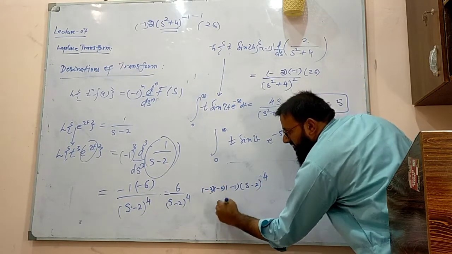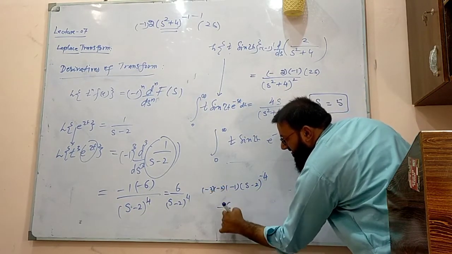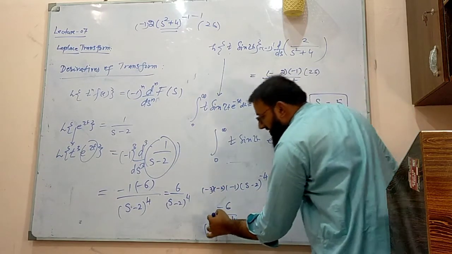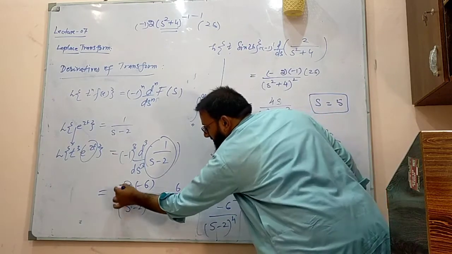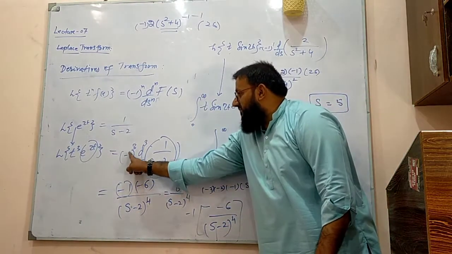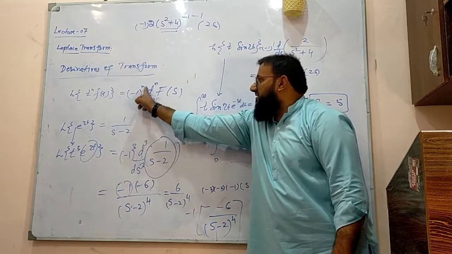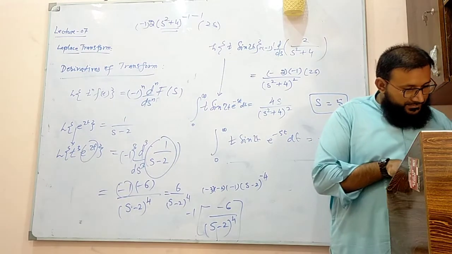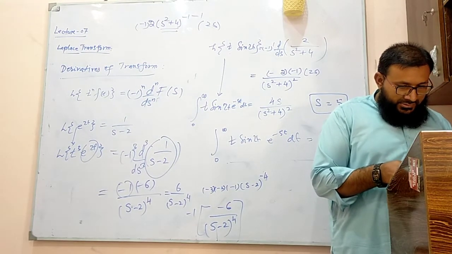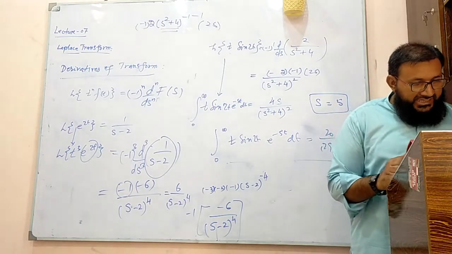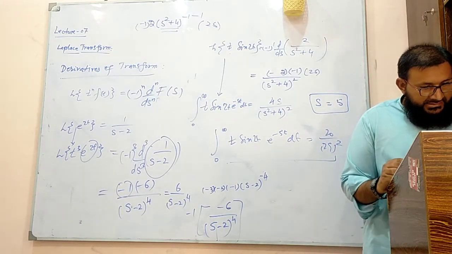Now this thing becomes minus 6, the derivative is multiplied by whole power minus 1 also. This minus 1 comes from minus 1 power n, here n is 3. Okay, this is how we use the property of multiplication by t.